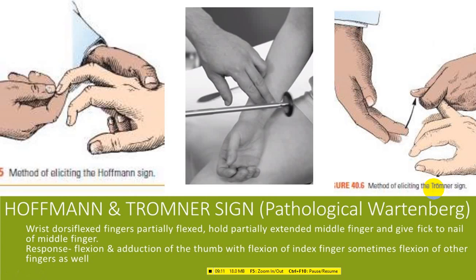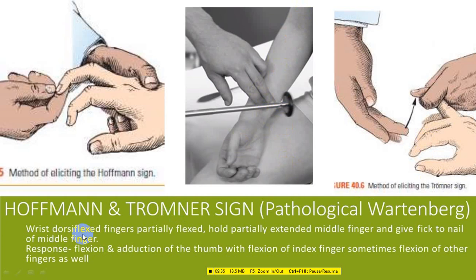Trömner sign, also called as Wartenberg test. So when you flick this particular finger, you get flexion of this finger, that is index finger and thumb. And when you tap here, on the forearm, then also you get that.